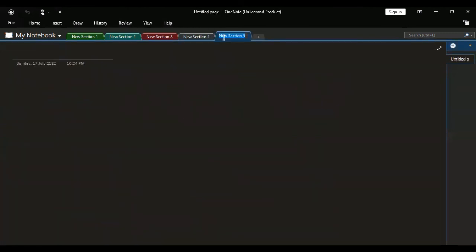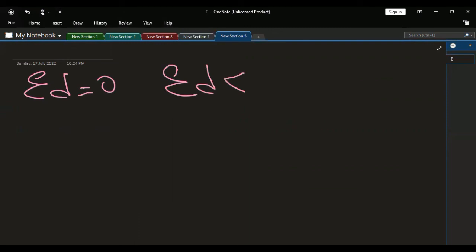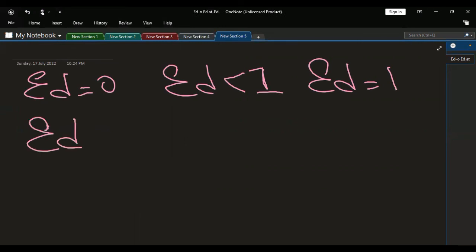So, firstly, elasticity of demand is equal to 0. Then, elasticity of demand is less than 1. Then, elasticity of demand is equal to 1. Then, elasticity of demand is greater than 1. And at last, elasticity of demand is equal to infinity.